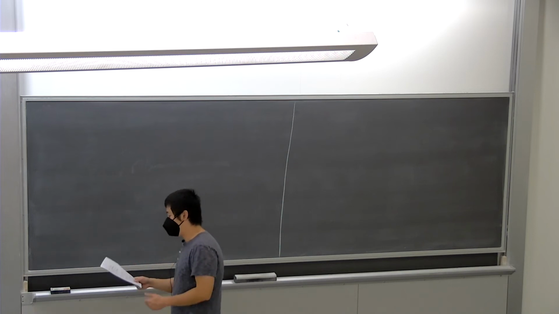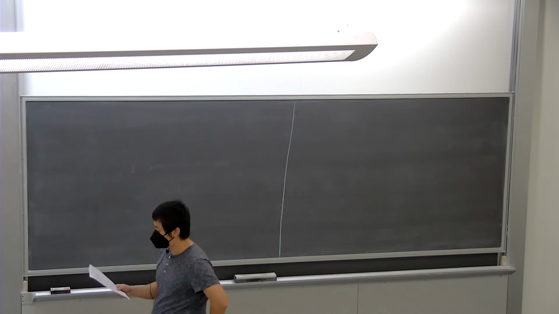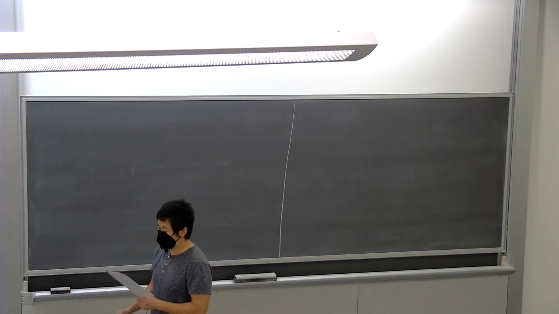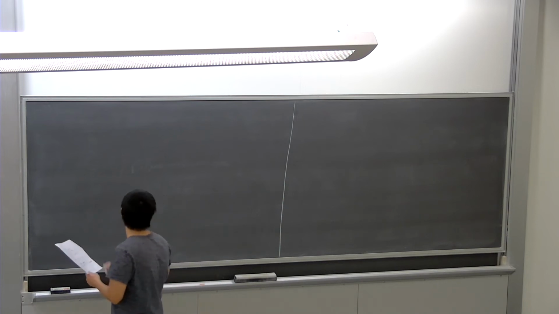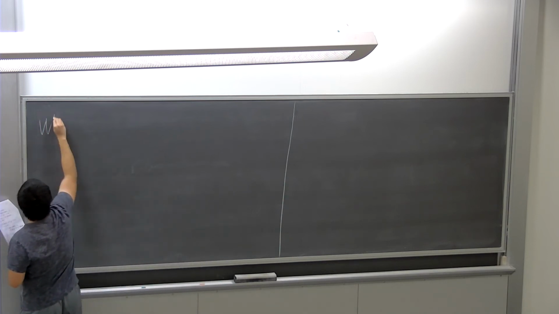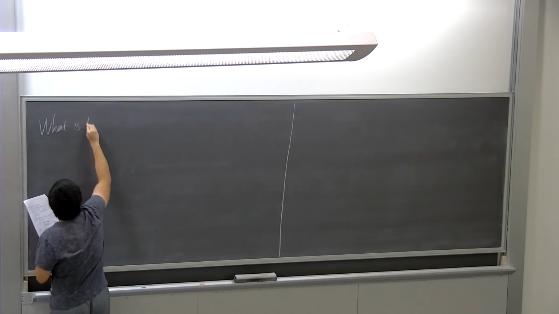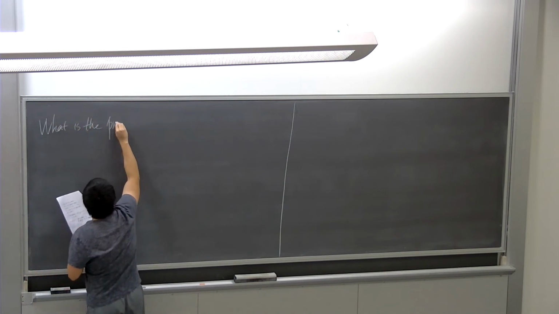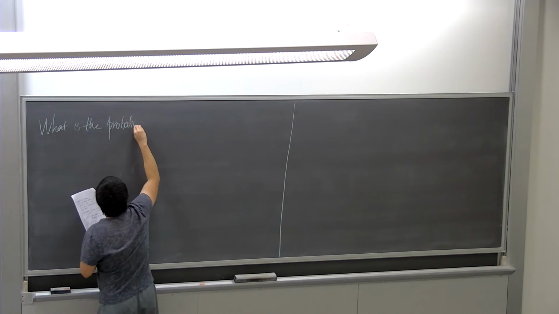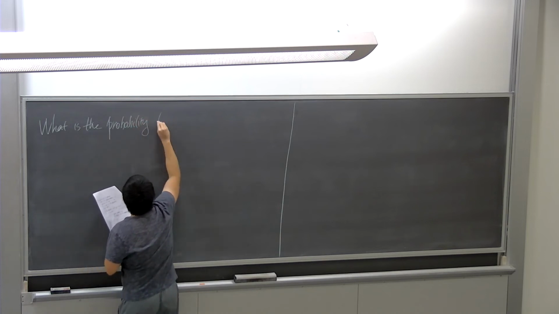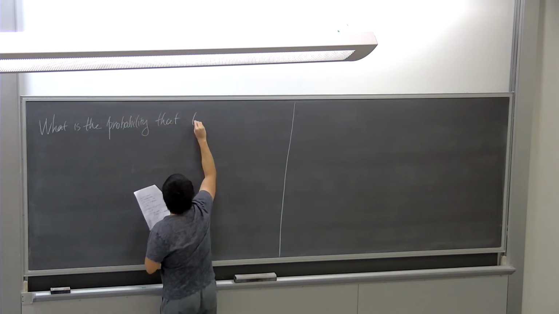For the next couple of lectures, we're just going to focus on the question: what is the probability that the population goes extinct? This is going to be our guiding question.